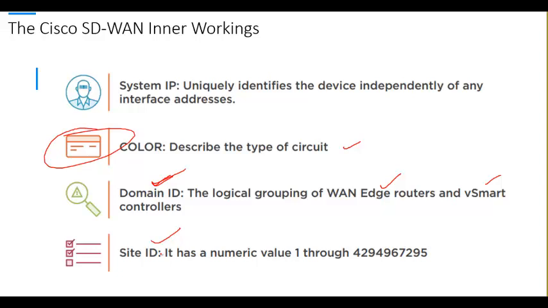So a site ID must be same for those two WAN edge routers. The site ID is important for the WAN edge router to be authenticated by the controllers. Yes, site ID is very important to get authenticated by the controllers.